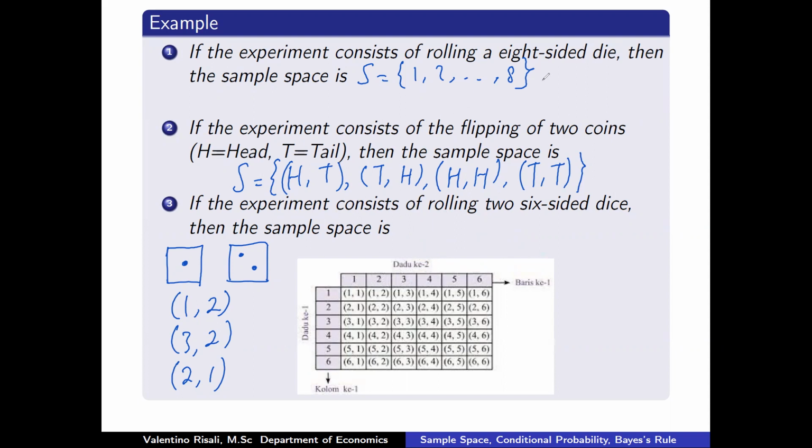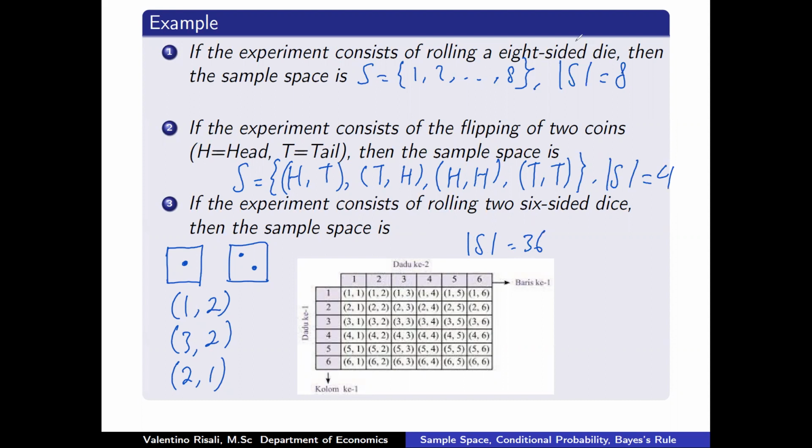So in terms of cardinality, for the sample spaces, the cardinality of this set is equal to 8, the cardinality of this set is equal to 4, and the cardinality of this set is 36.